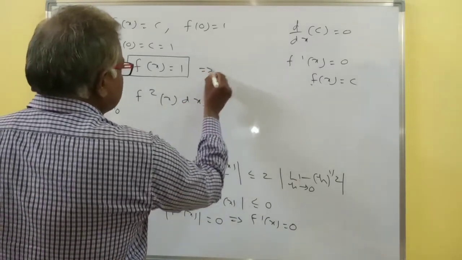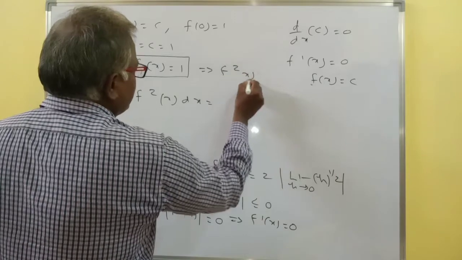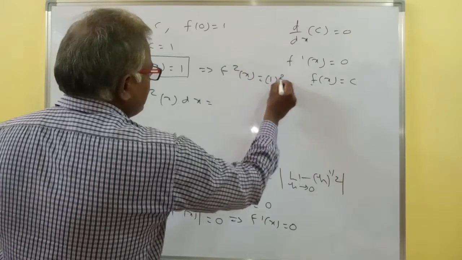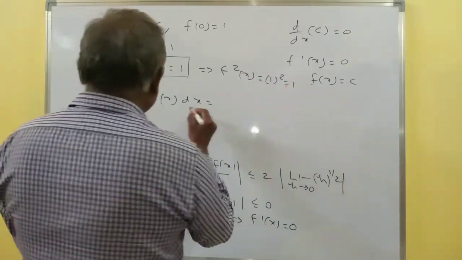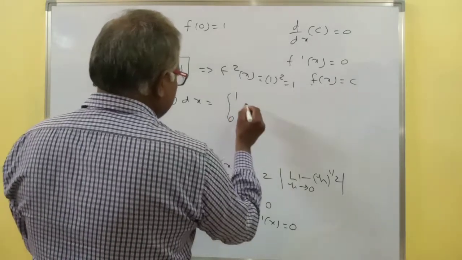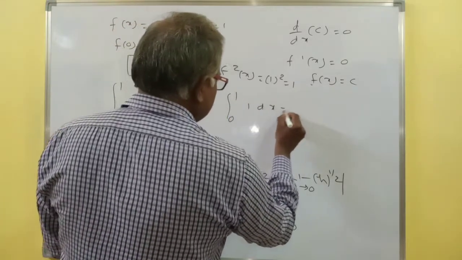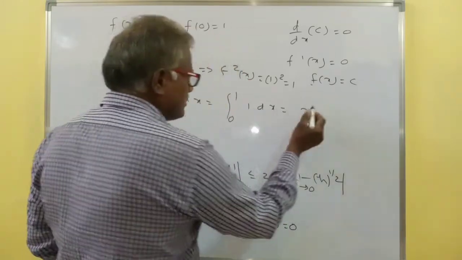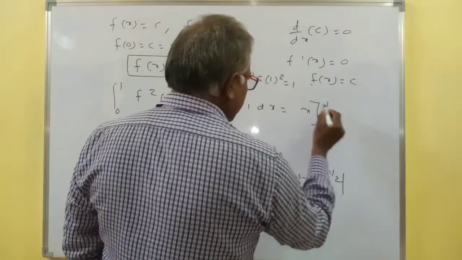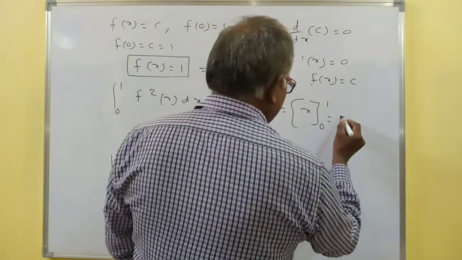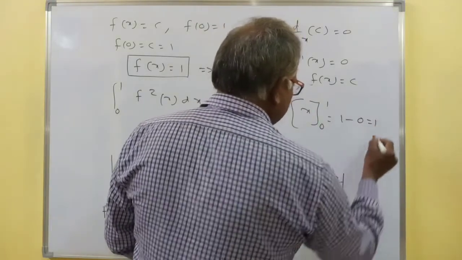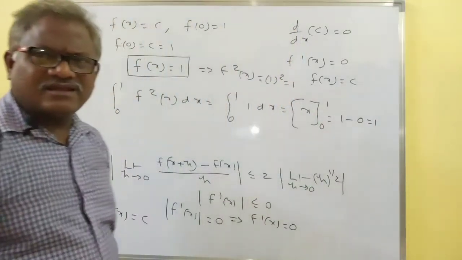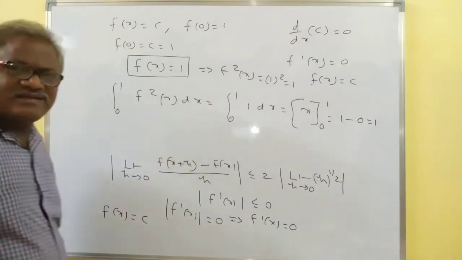Now f of x equal to 1 means f square x is nothing but 1 square is equal to 1. That means clearly integral 0 to 1 dx. The integral of 1 is x. So substitute upper limit and lower limit: 1 minus 0 is equal to 1. So the required solution is 1.